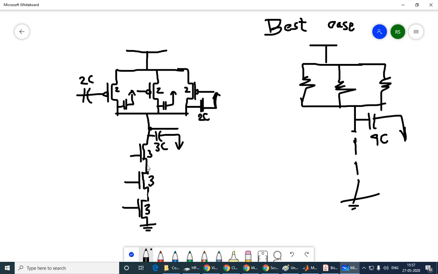So we have one intermediate node here, one intermediate node here, and each of these, as we have shown earlier, has some capacitance associated with it. Here there is 3C, and here also there is 3C.